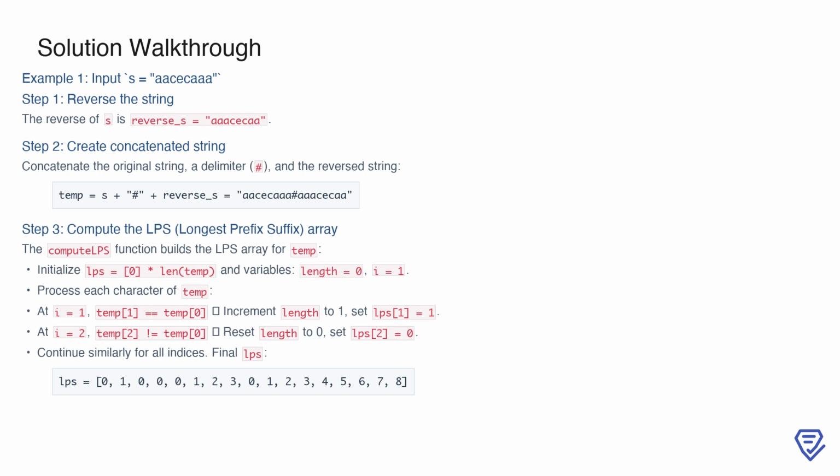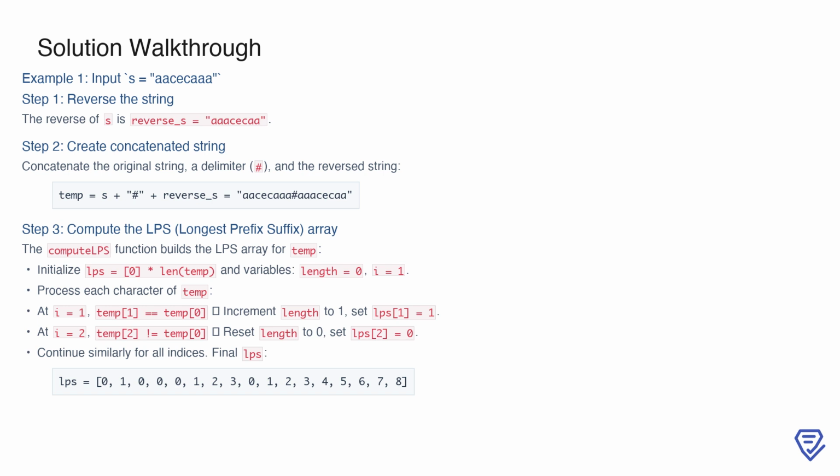Once we have this concatenated string, we compute the longest prefix suffix, LPS, array using the computeLPS function. The LPS array helps us identify the longest prefix of the string that is also a suffix. We begin by initializing an array of zeros, lps = new int[temp.length], and two variables, length equals 0 and i equals 1. As we iterate through the characters of temp, we compare the current character with the character at the length index.